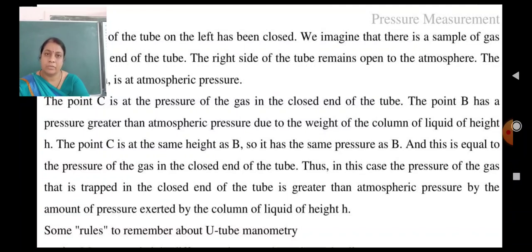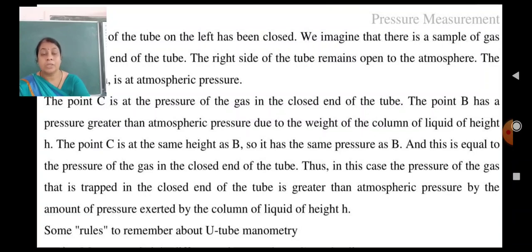Now point C is at the pressure of the gas in the closed end of the tube. The point B has a pressure greater than atmospheric pressure due to the weight of the column of liquid of height h.